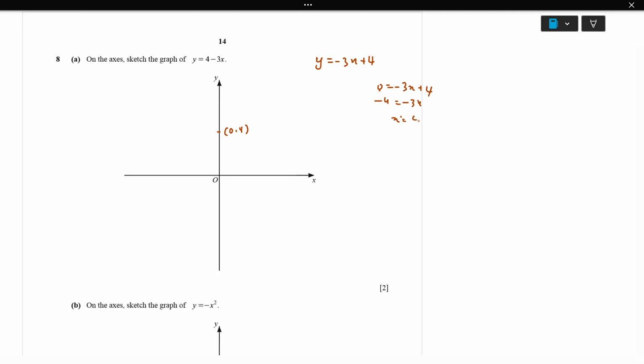So x equals 4 over 3, which is approximately 1.3. We'll write here 4 by 3 comma 0. So the line passes through this way. You have to use a ruler. So this is the graph of y equals 4 minus 3x.